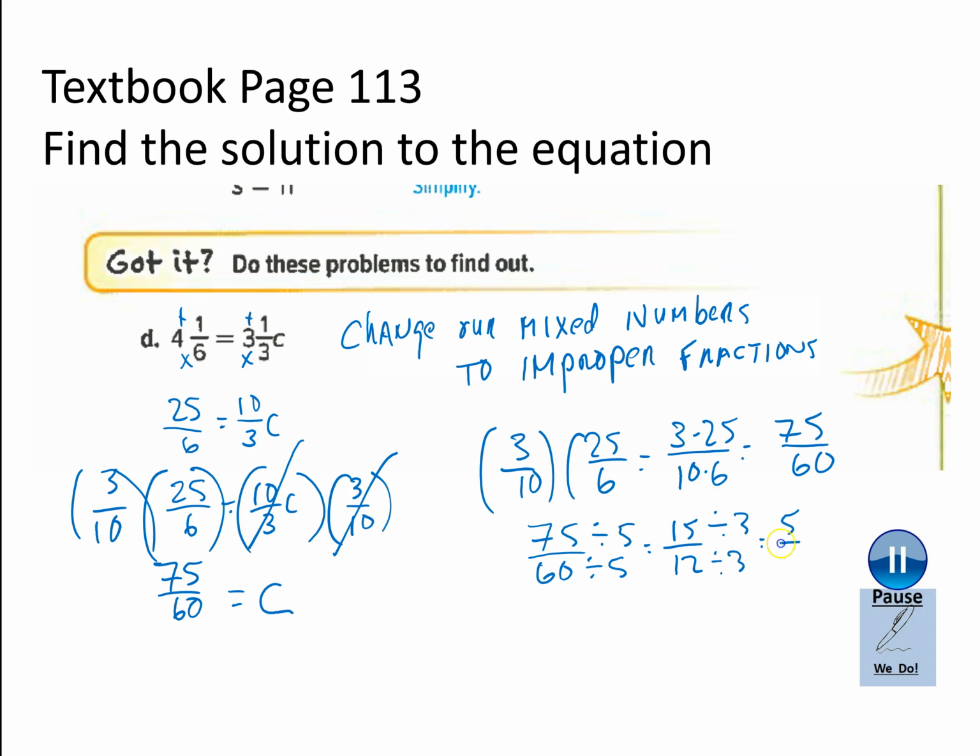And I get 5 fourths. So my solution is 5/4. 5/4 will make that true. And if you want me to prove that, I can.